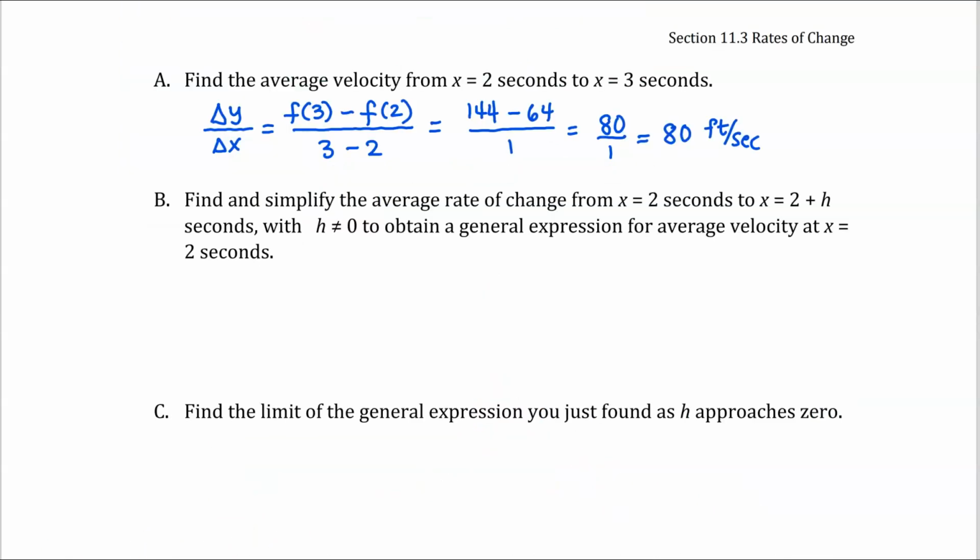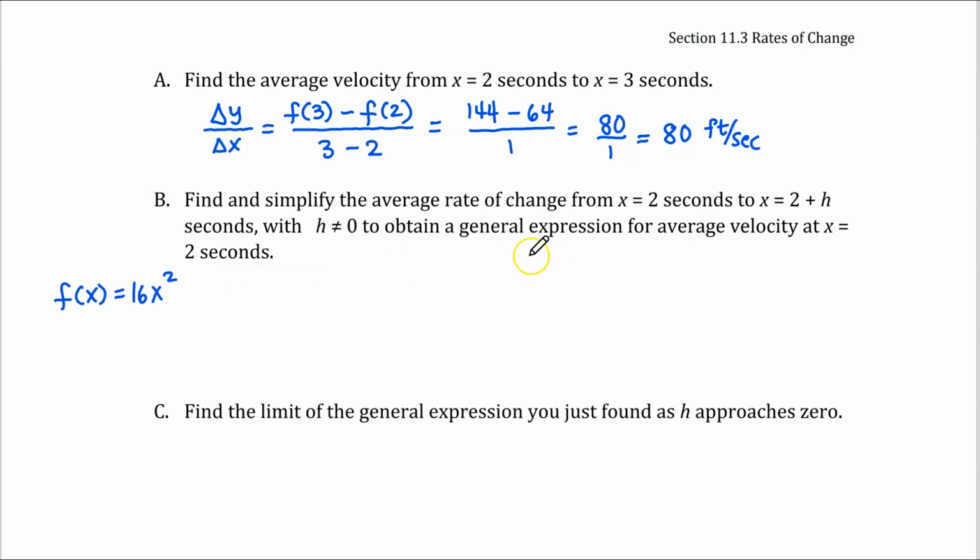Next, we want to find a general expression for the average velocity at x equals 2 seconds. Remember, our function is given by 16x squared.